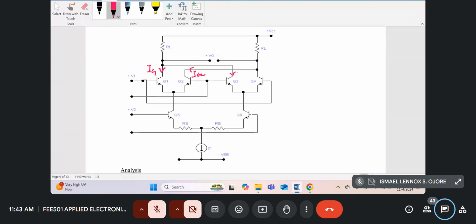The current here, IC3. Current here, IC4. These are signal currents. They're not quiescent. Signal currents ride on top of quiescent. Then the current at the collector of Q5, I'll be calling IC5, collector 5. Current in this one, I'll be calling IC6. So these are the dynamic currents.